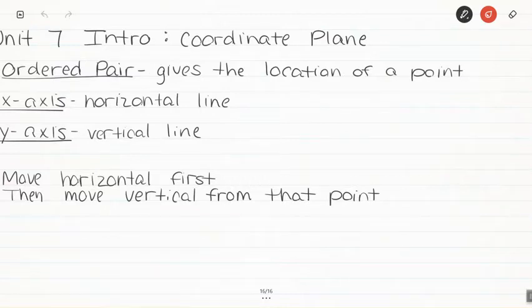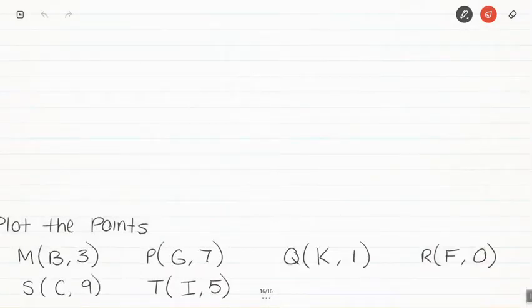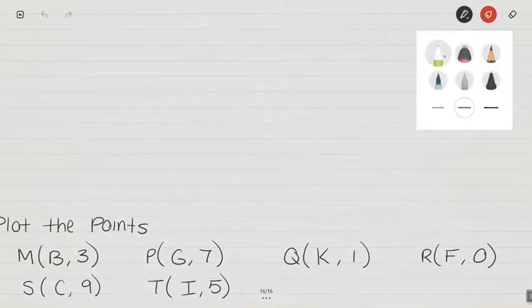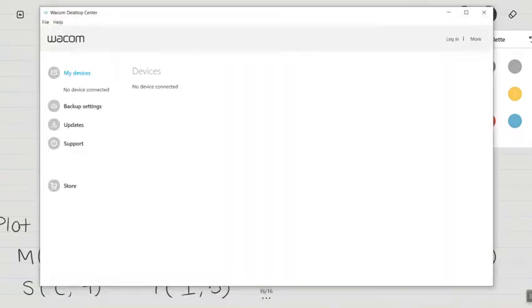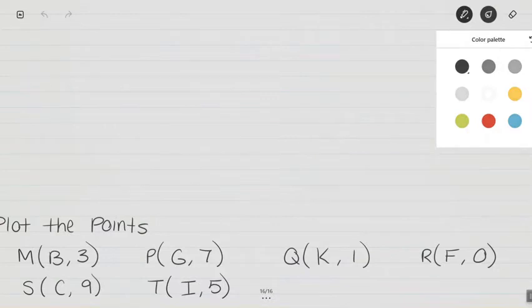But the first thing that we need to do is make ourselves a little coordinate plane. The way that you're going to do that is you're going to be looking at your notebook, and I want you to count down 10 lines.